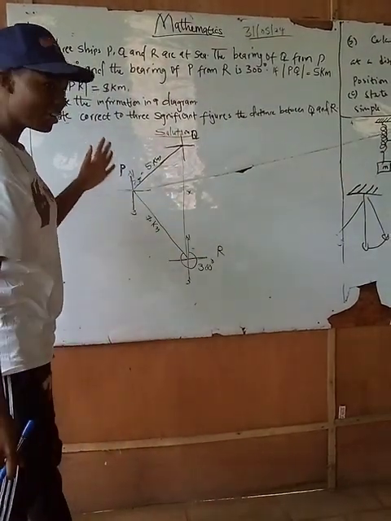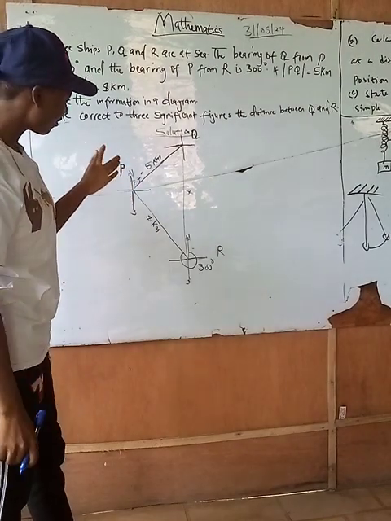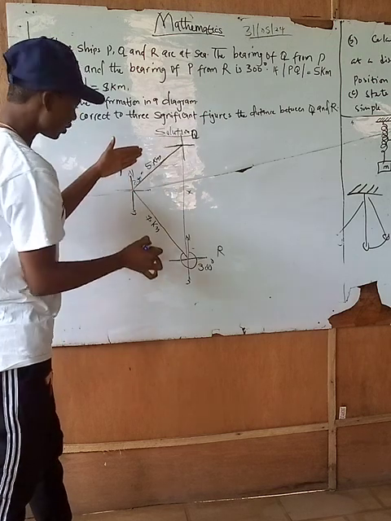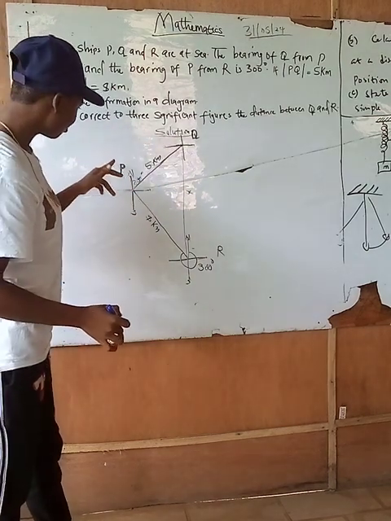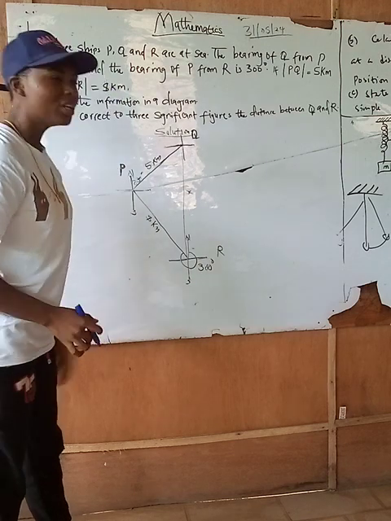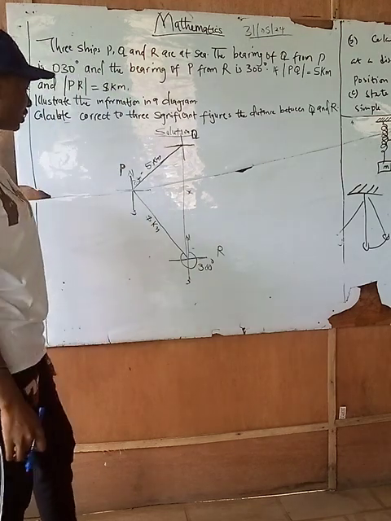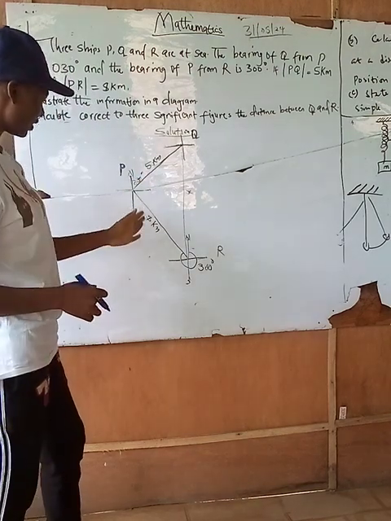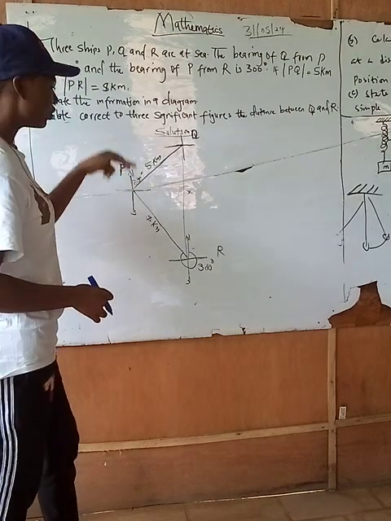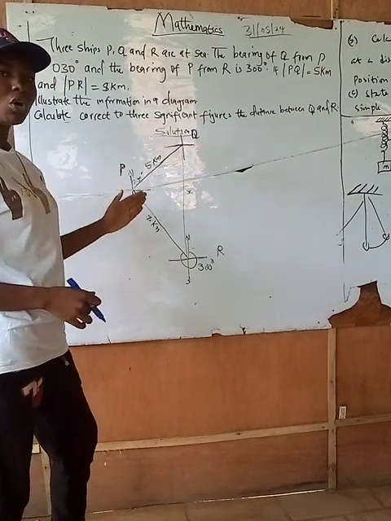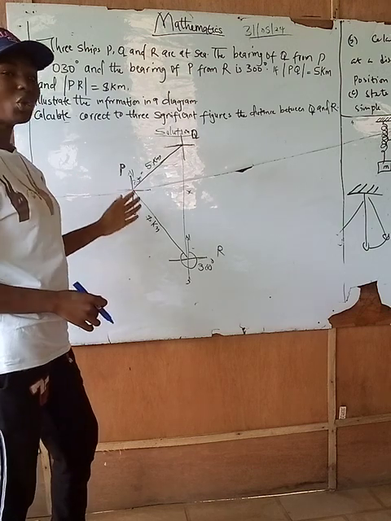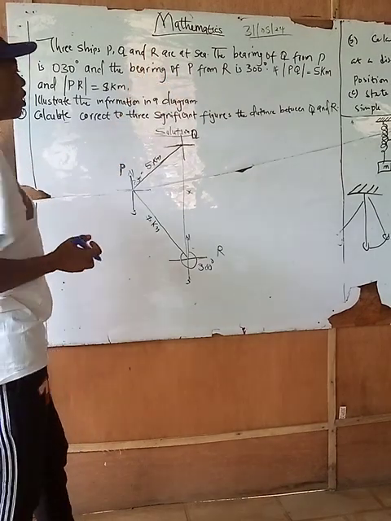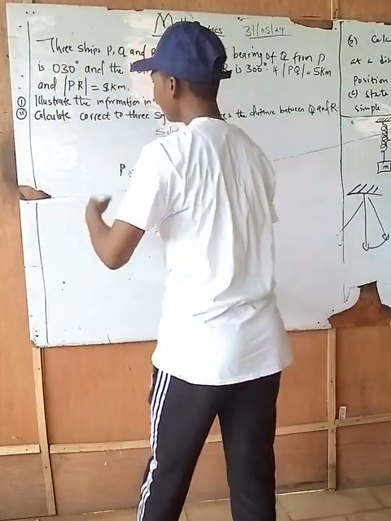Now, if you look at this diagram very well, you will notice that the distance from P to Q is a bit shorter than P to R. Don't forget, when you are illustrating information in the diagram, if you see that 8 is longer than 5, try to make sure your diagram corresponds with what the question is saying. Alright, good. Now we are done with our question number 1.